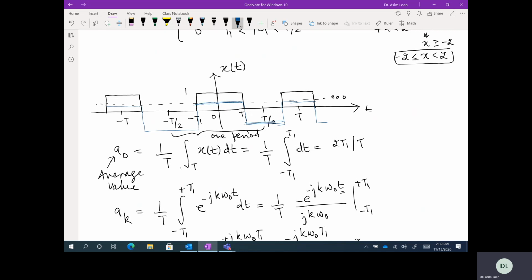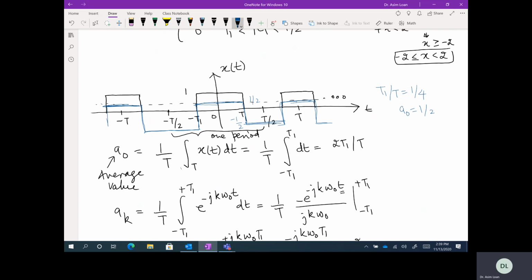So this height is the same as this height. Because T1 by T is 1 by 4, this DC value is half. Since this is half, obviously these are exactly the same height.